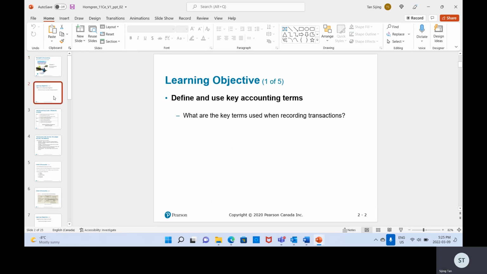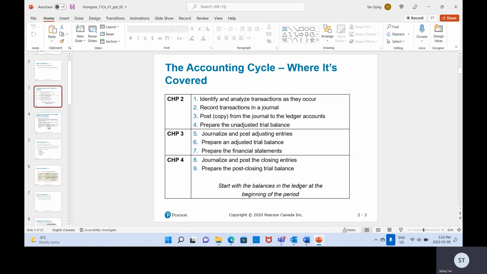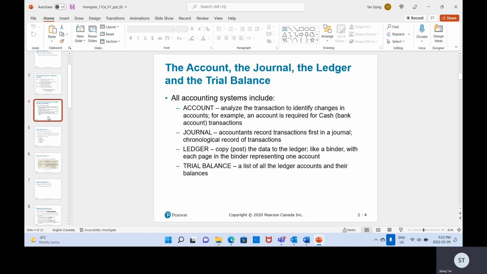Learning objective 1 of 5, right? So there are 5 objectives for chapter 2. What are the key terms used when we record transactions? All accounting systems include account, journal, ledger, and trial balance. Account is a very basic component of the accounting system. So we know that assets equal liabilities plus owner's equity, right?